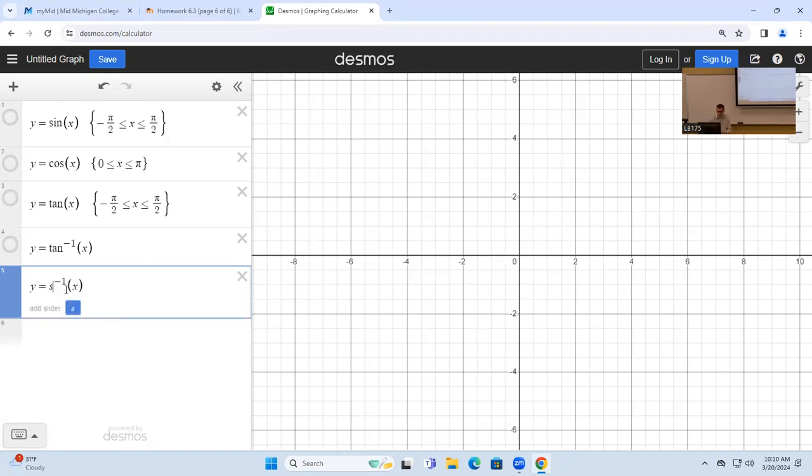And then if you deal with cosine inverse, what's that? Is that even? Not even, is it?